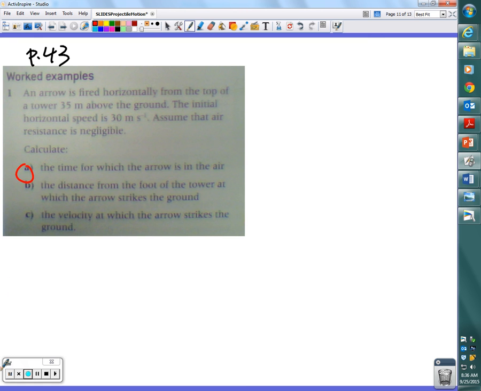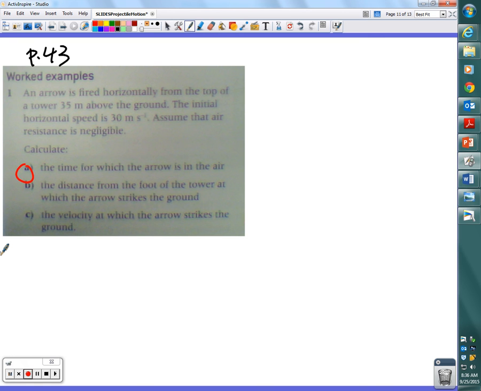Alright, so for part A. When we do these problems, this is what I would recommend. There are 5 things that we use or that we measure in order to describe the motion of an object. Do we remember what the 5 things are?